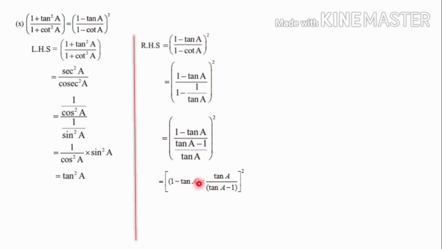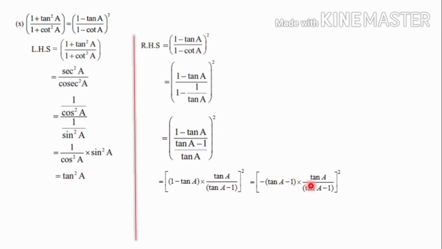So from here we can take a minus common from 1 − tan A. If you take a minus common, signs will change: − tan A becomes + tan A, + 1 becomes − 1. So minus of (tan A − 1) will come. When you multiply inside, the same term will come. I have taken a minus outside because in the denominator there is the term tan A − 1.